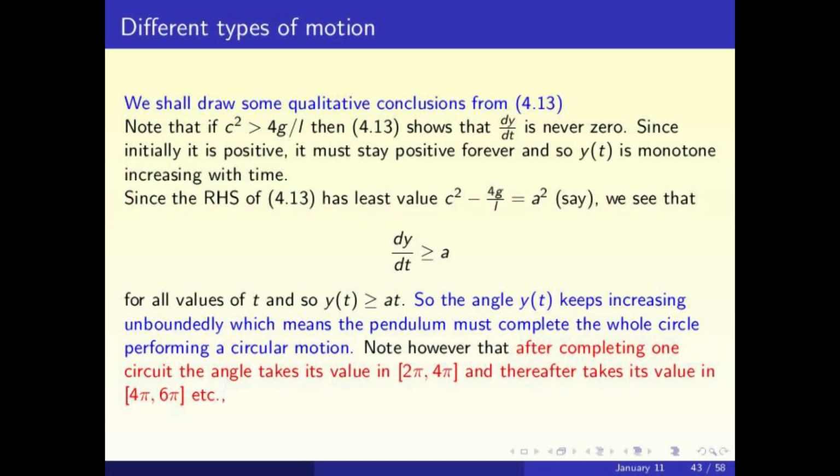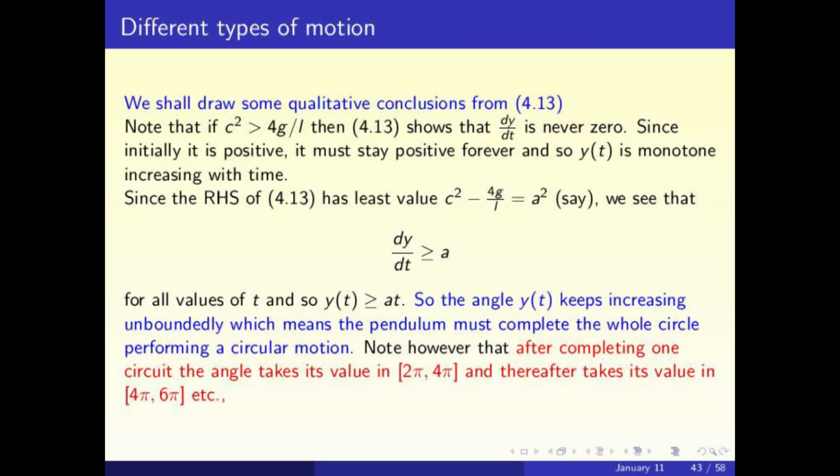The c is so large that the pendulum goes over the top, completes the circle, and keeps performing circular motions. After one circuit, the angle goes into the interval 2 pi to 4 pi. After the second circuit, it goes into the interval 4 pi to 6 pi, and so on. So if c squared is bigger than 4g by L, the pendulum has too much energy, it starts performing circular motions.